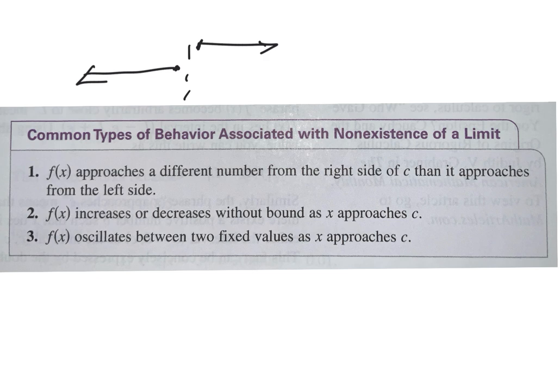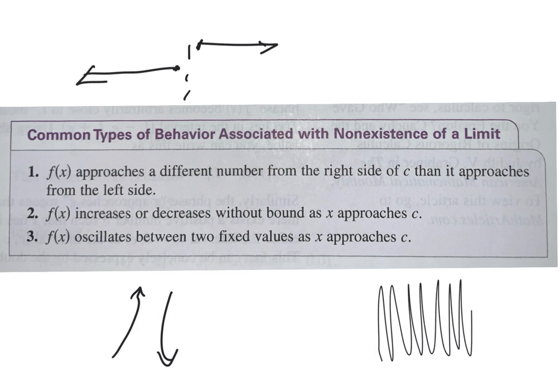Increases or decreases without bound. So that is it approaching infinity? Remember, for real numbers, infinity does not count as a limit. And then the third thing that can cause a limit to not exist is if it oscillates. So if it's pinging back and forth between two numbers, you will not have an overall limit.